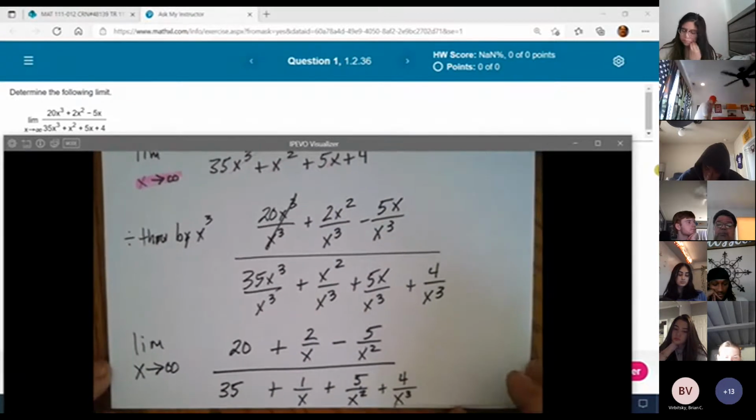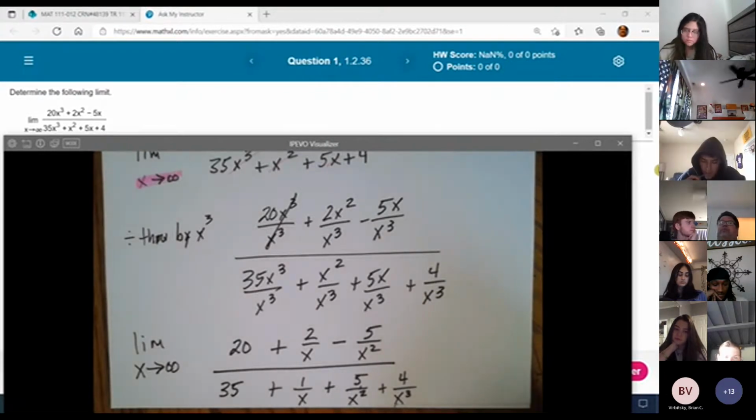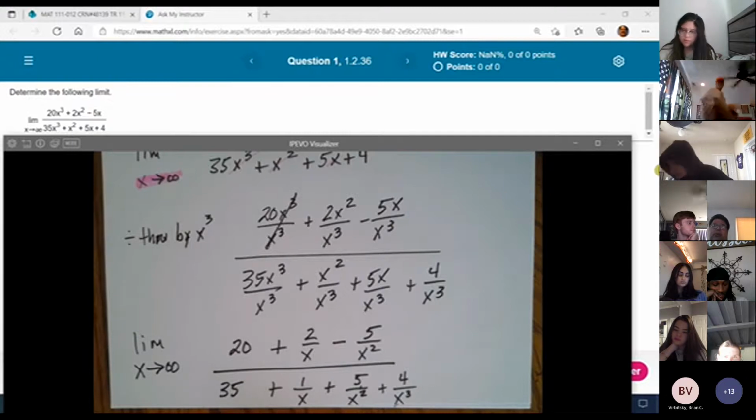Okay, now somebody tell me what happens when you plug in infinity. Somebody tell me what happens. You go beyond. To infinity and beyond. What happens when you plug in infinity?